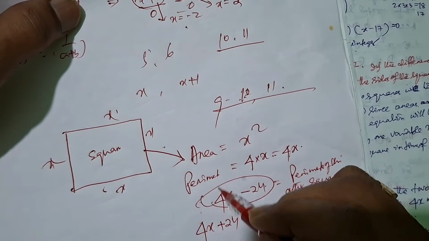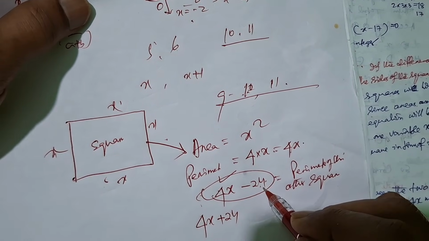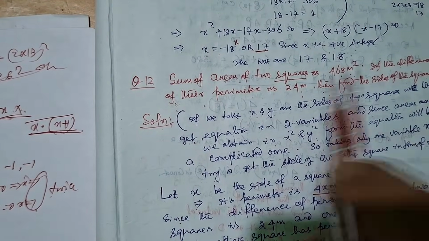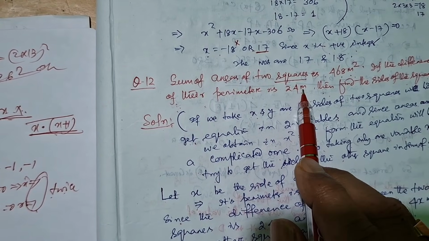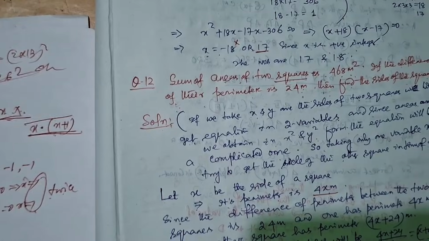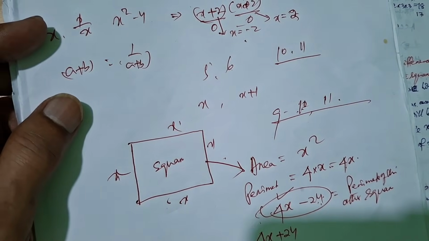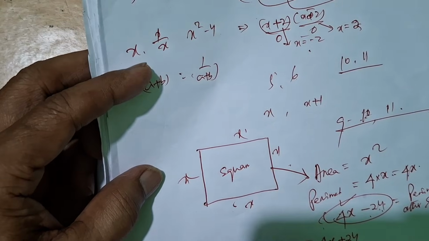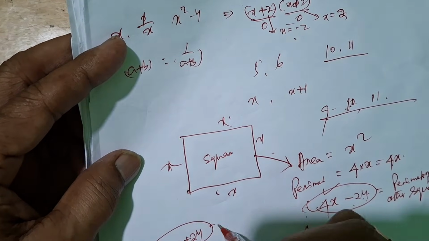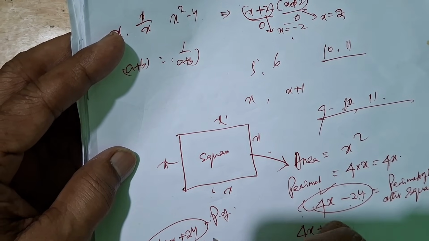If this one is the bigger one, the smaller one will be 24 less. Just for convenience, take the other to be the bigger one: 4x plus 24, the perimeter of the second square.